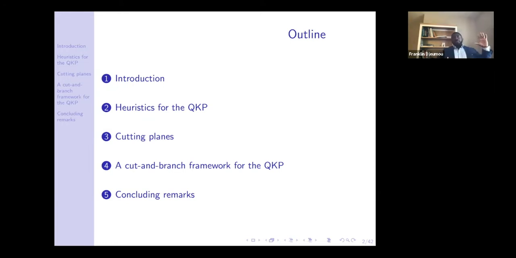So my solution approach for the quadratic knapsack problem follows the same kind of steps to develop the algorithm. But in this presentation, I will talk about the specific details of what makes our contribution in this area particular and specific.